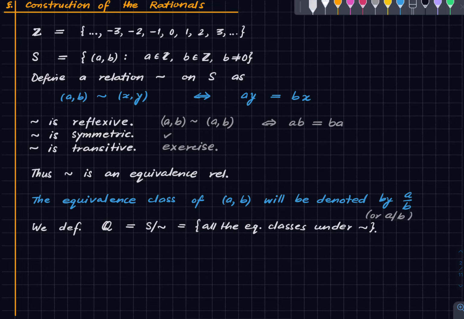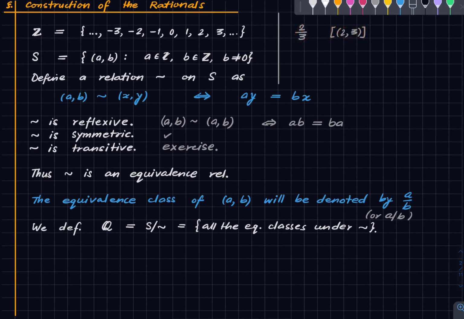And if you think about it, what is this equivalence relation trying to capture? Suppose I have this rational number, 2 by 3. It is by definition the equivalence class of this ordered pair, and equivalence class I'm denoting by putting square brackets around. So this is the equivalence class of that, which we are writing like this.